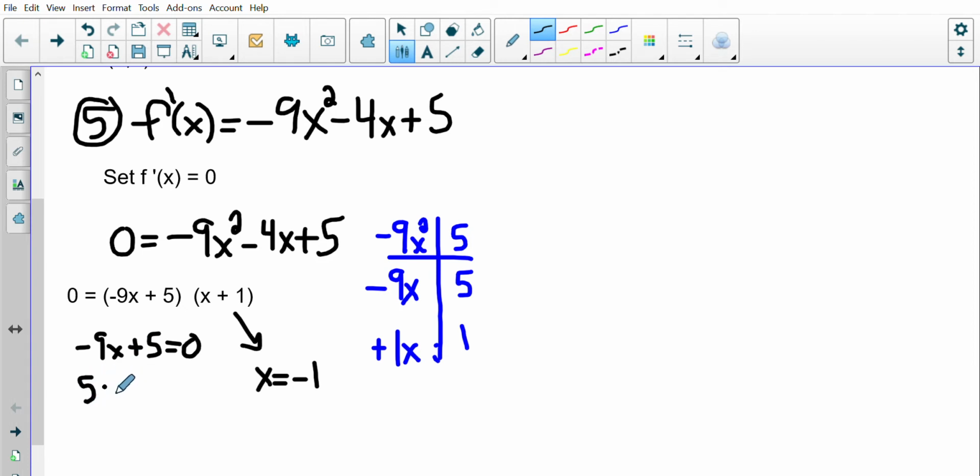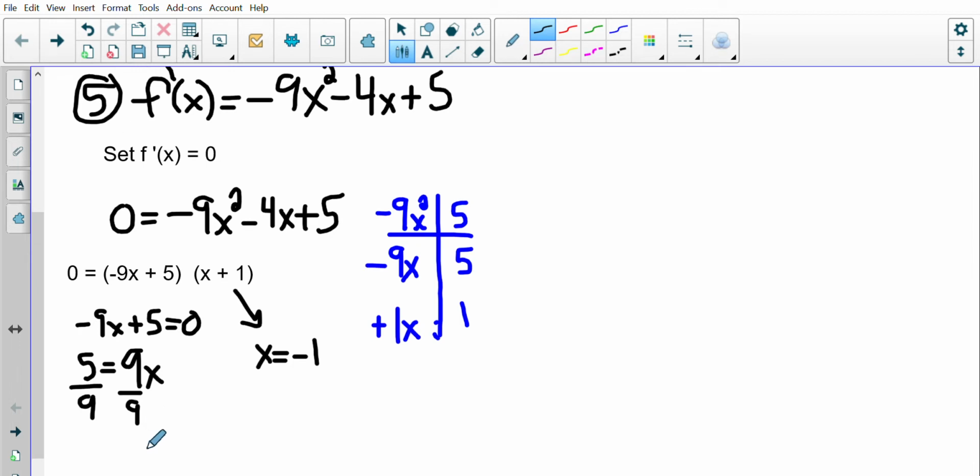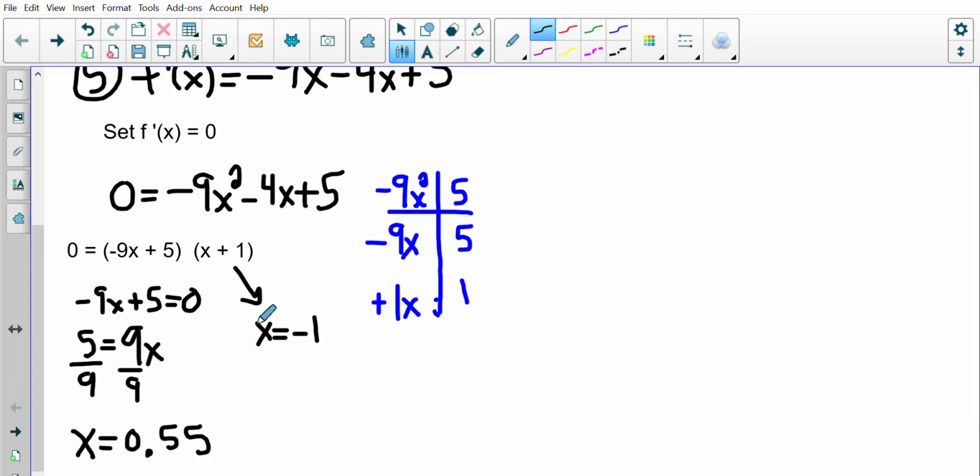So I have 5 is equal to 9x. Divide both sides by 9. Going to get a decimal, it looks like here. Let's grab my calculator. 5 divided by 9 is, well, x is equal to 0.55. All right. So there are our two critical numbers, and that's step 5.